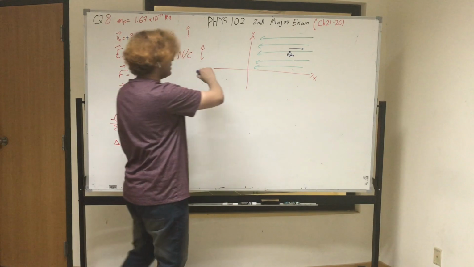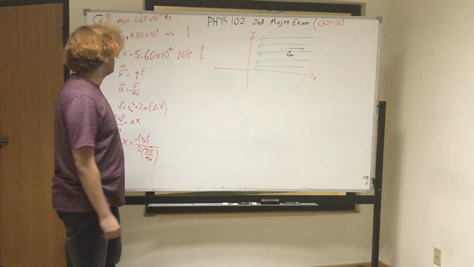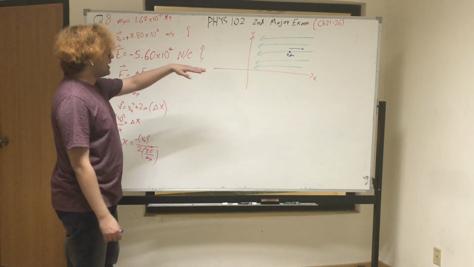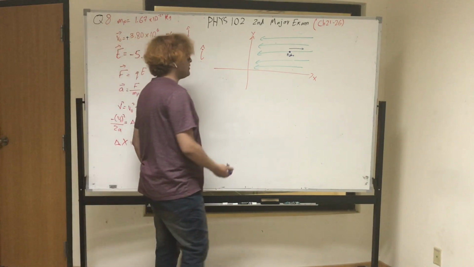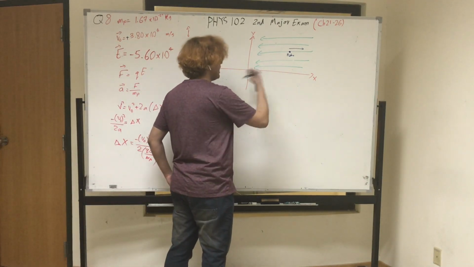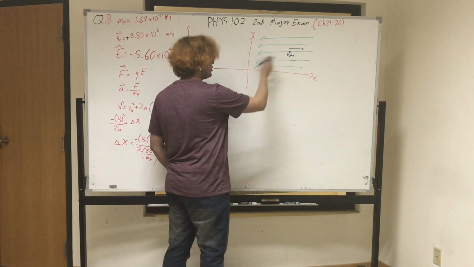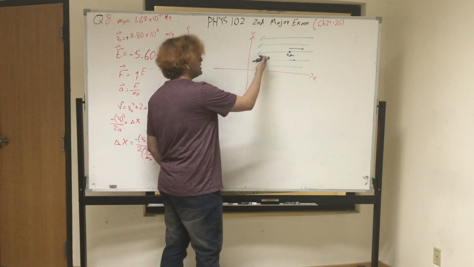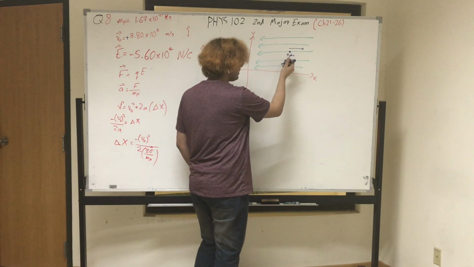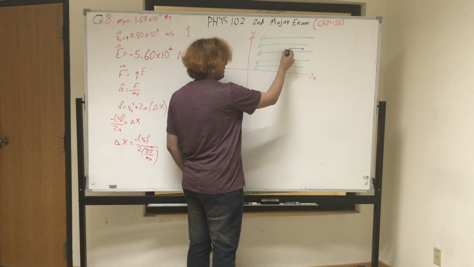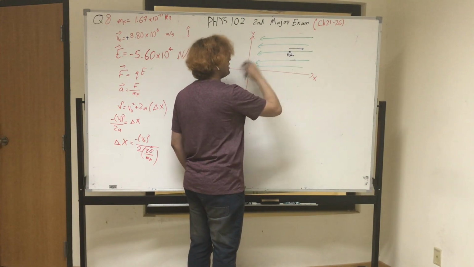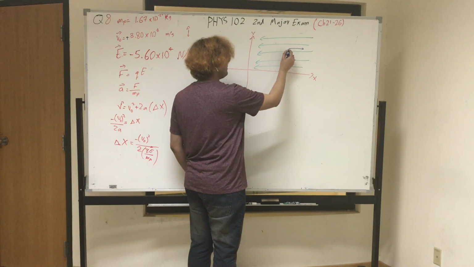The proton is moving in the positive x direction, and the electric field is negative. If you have an electric field with a sign opposite to the velocity, then the electric field is going to exert a force on the charge opposite to the direction of its velocity.